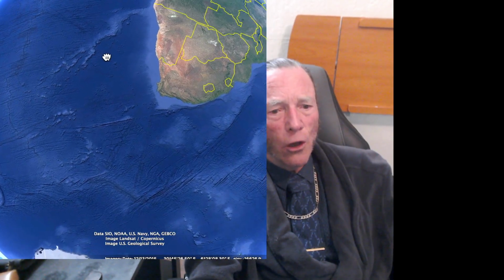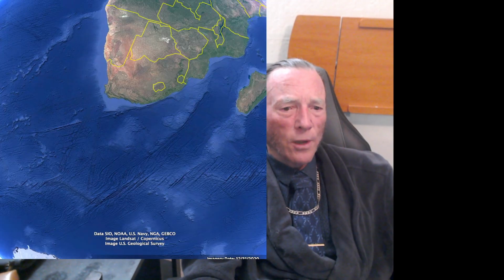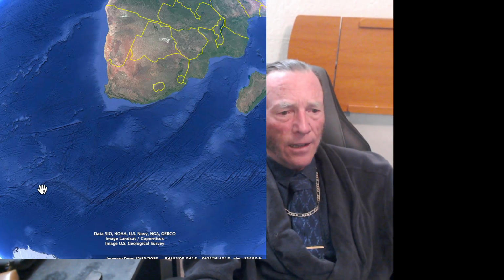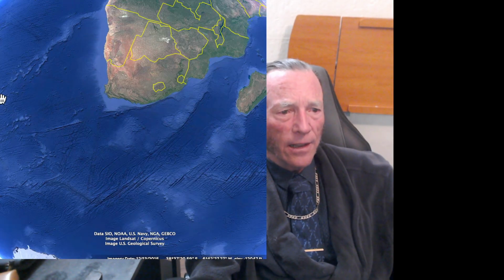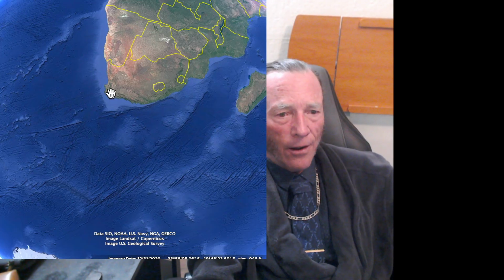And if you look and just follow the trend, you'll see that if this was a megatsunamic blast that left this tongue, these series of cracks, and these radiating lines of cracks, it's pointing right there at the Cape of Good Hope.